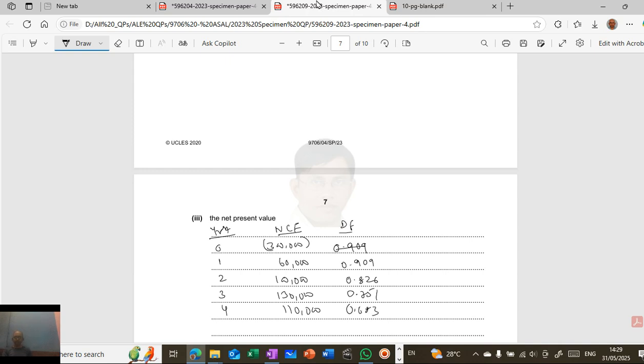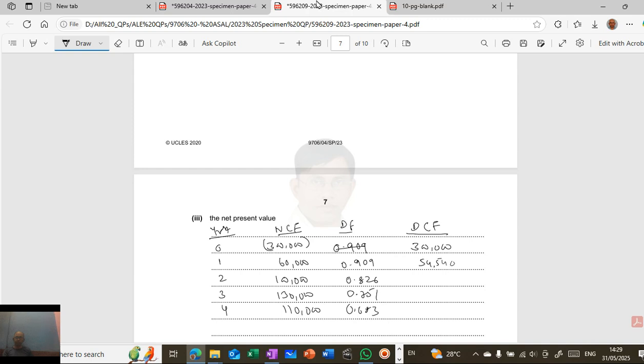54,540. This is the discounted cash flow. First it is 300,000. Then 60,000 into 0.909 gives 54,540.